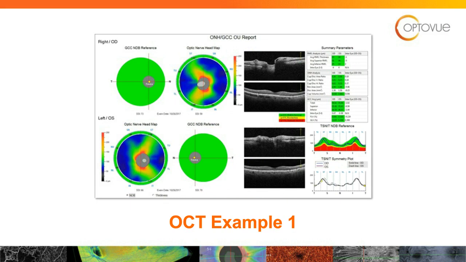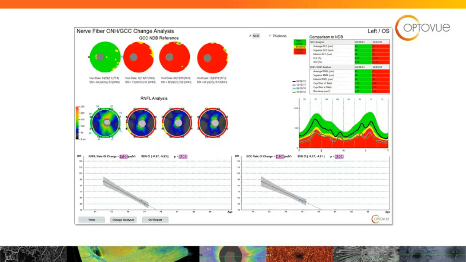But any subsequent scan that you take, you're going to see it within this particular slide. So you should be able to see the OCT TISNIT in the middle right-hand section of that particular slide.